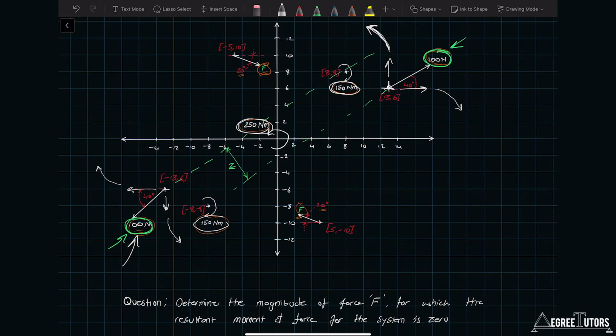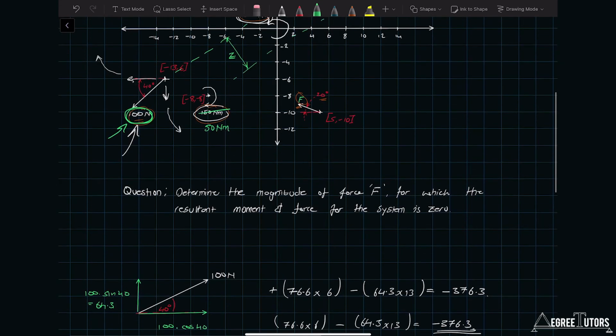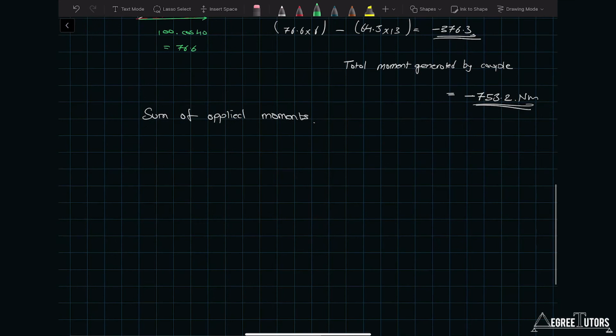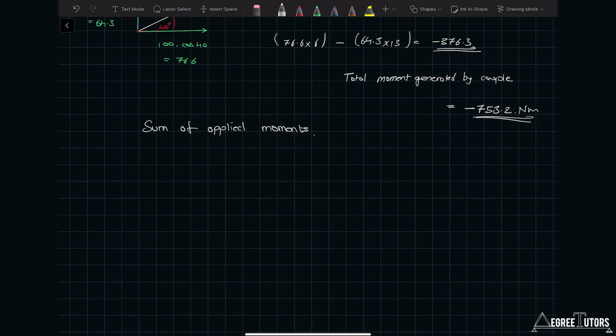And then, let me see, this down here isn't actually 150. This is actually 50 Newton meters, and it's a positive 50 because it's clockwise. So the sum of the directly applied moments is going to be 150 plus 50, minus 250, which gives me a negative 50 Newton meters.